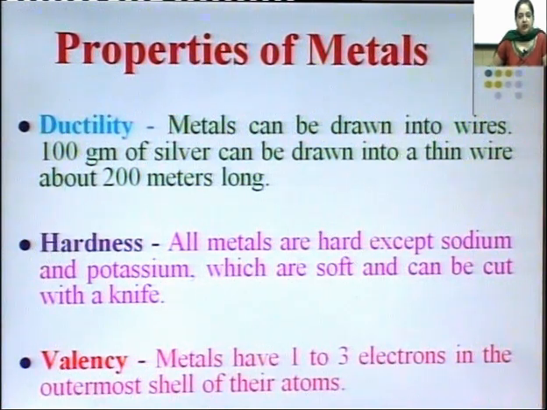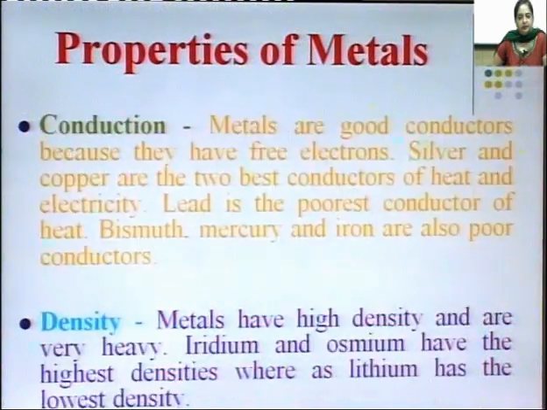Ductile: metals can be drawn into wires. All metals are hard except sodium and potassium, which are soft. Valency: metals have 1, 2, or 3 electrons in the outermost shell of their atoms.